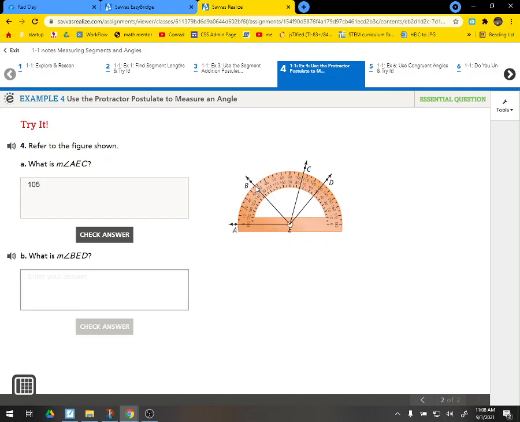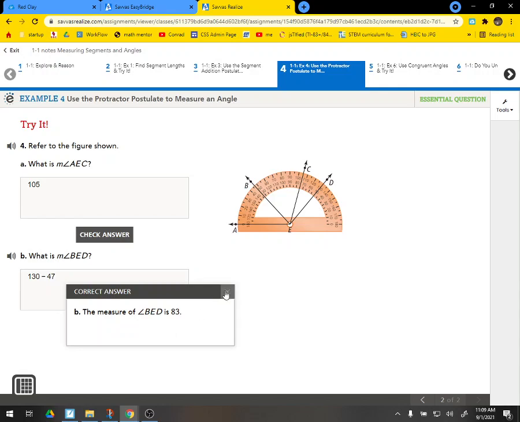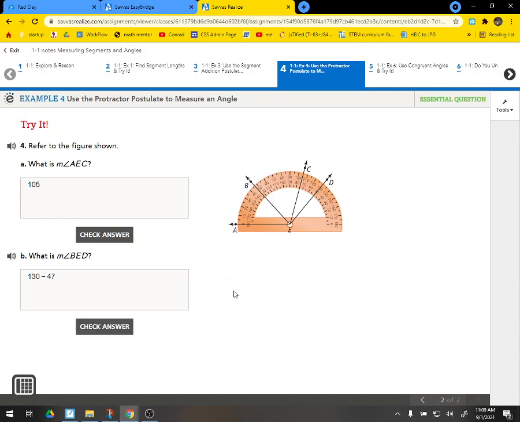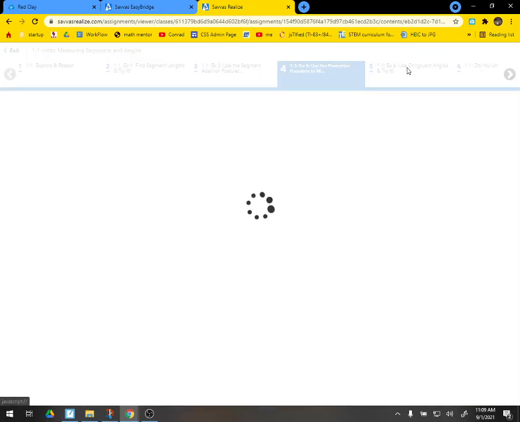So B was, we said 47, right? So we're going to subtract 47 from wherever angle D hits, and D hits at 130, so 130 minus 47. So let's see, 83. Cool. So that's the idea with using a protractor, and it's very similar to line segments, it's just angles instead.